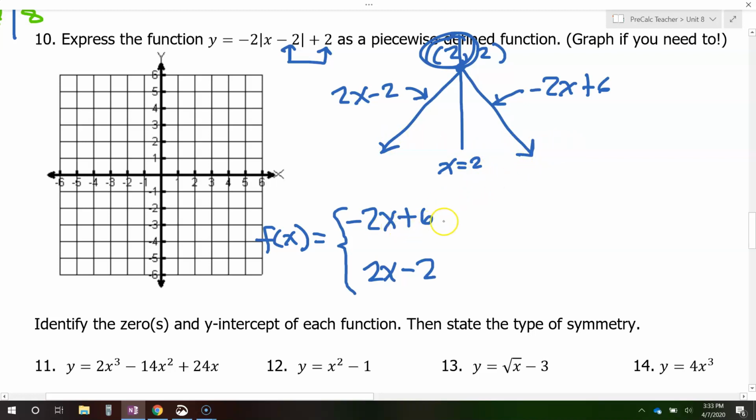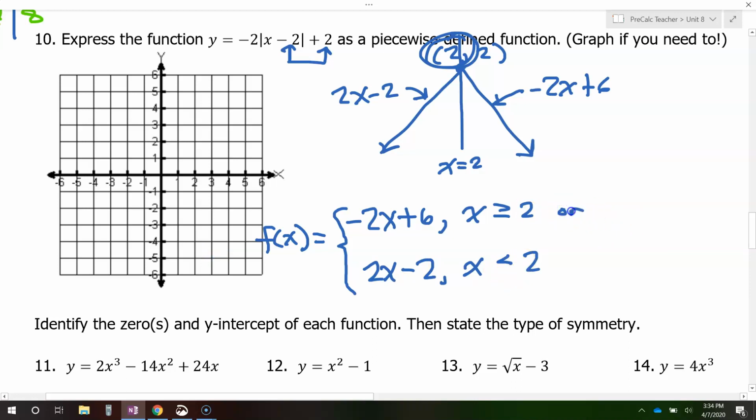The -2x plus 6 is going to be for x values that are greater than or equal to 2, because this is the right-hand side. And this part over here is to the left, so that's going to be for x values that are less than 2. Notice how I made one of them greater than or equal to, and one of them is just less than without the equal to. It doesn't matter which one has the equal to, just pick one. So that's the answer. That's the short way.